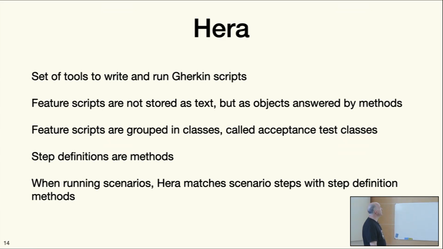It's as simple as that. And then, of course, Hera is able to match what it finds in a script with the step definition, and then it runs the script. So, in fact, Hera is a Cucumber for Pharo, or for Smalltalk, because we can do it in any Smalltalk.